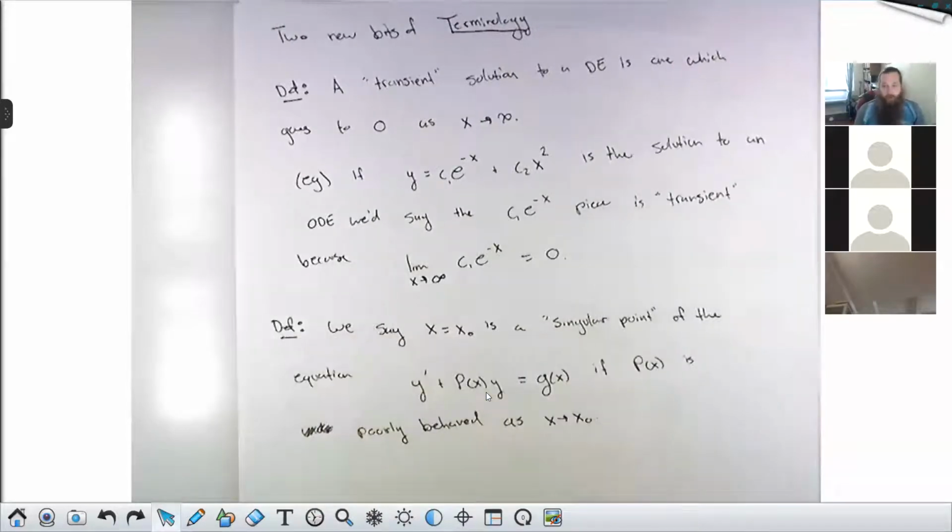This can happen in lots of ways. Maybe p of x blows up to infinity or to negative infinity as x goes towards x naught. Or maybe p of x has some sort of jump discontinuity. Usually what you'll see there is what's called a pole, blowing up to infinity. But if the function p of x is badly behaved, discontinuous, in whatever flavor you want, as x approaches x naught, we'll call that a singular point.